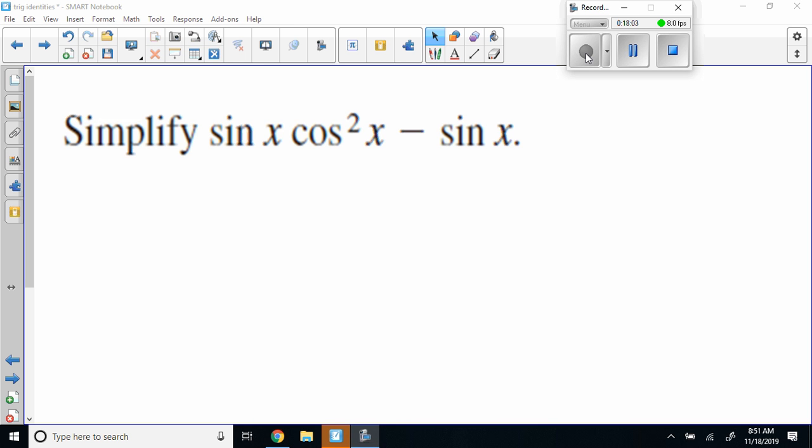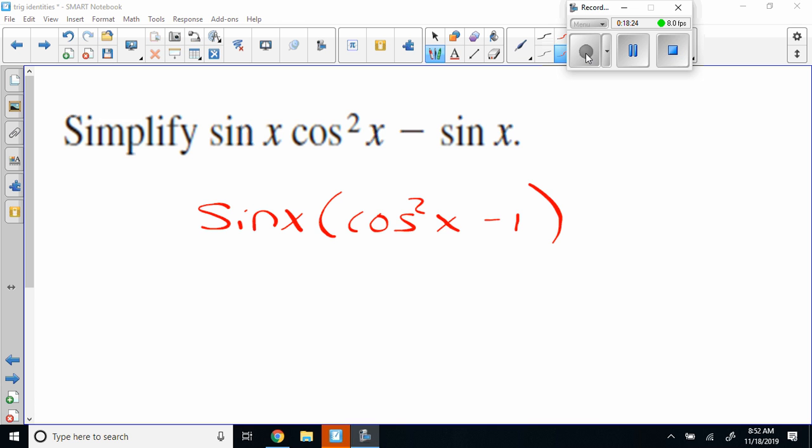I have sine x, cosine squared x, sine x, right? Where have you seen cosine squared x? Pythagorean identities, right? So listen here. Can I factor out a sine x? Why not?